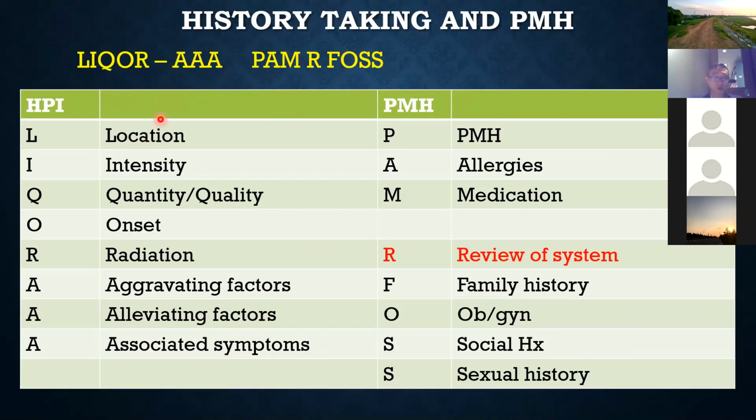And for the chief complaint of the patient, we ask all the characteristics of the chief complaint. Okay, location, intensity, quantity, quality, onset, radiation, aggravating. And for the past history, we have past medical history, allergy, medications, family history, or OBGYN, social and sexual history.